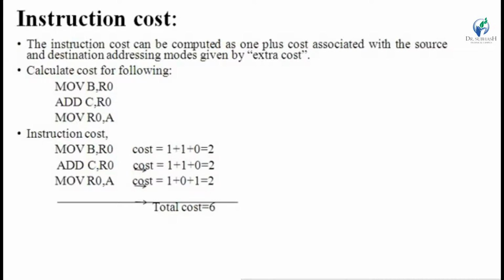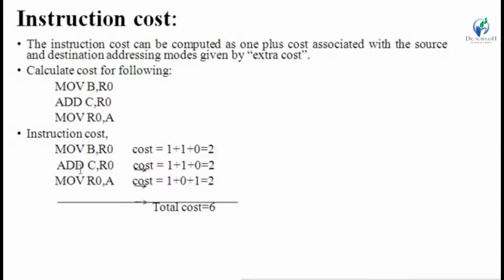For example, calculate the cost for MOV B, R0; ADD C, R0; MOV R0, A. So the instruction cost for MOV B, R0: it's an absolute mode, so the extra cost is 1. Then for a register it is 0. So 1 plus 1 plus 0 is equal to 2.